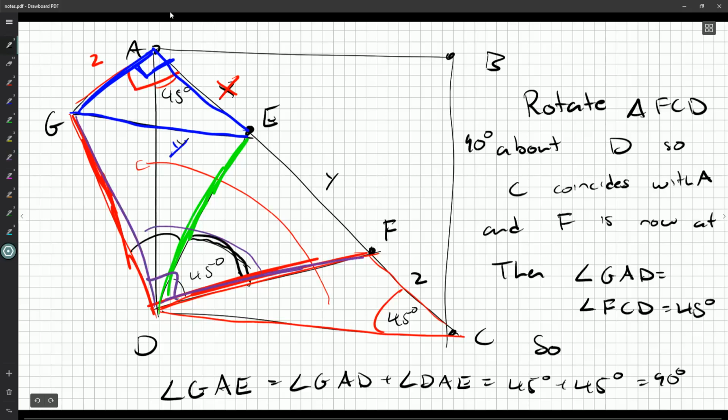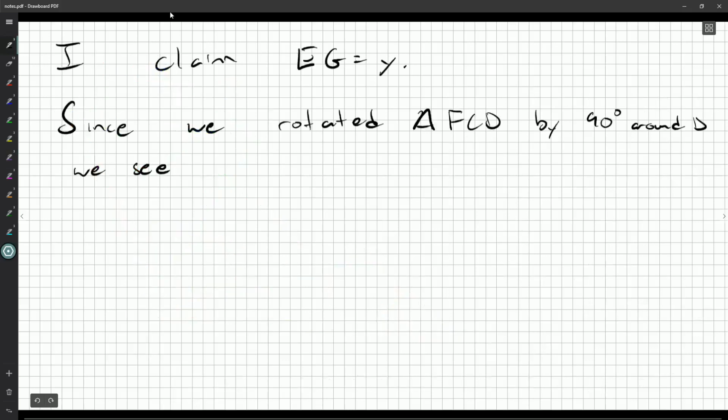Because this is 45, and 45 is half of 90, that makes this 45. So the angle GDF, from the new position of F to the point it rotated around to the old position of F, must be the angle you rotated it by.